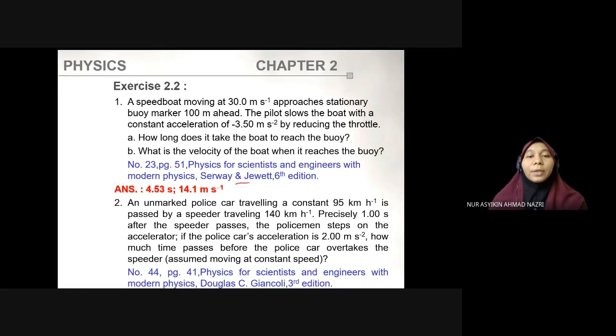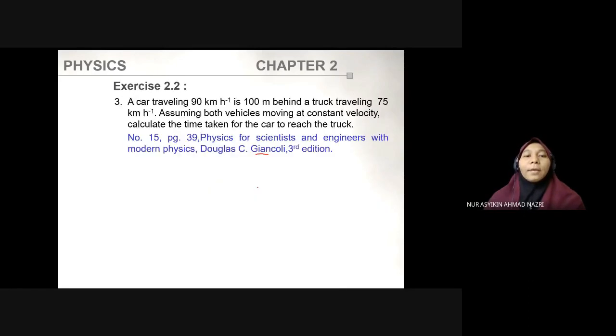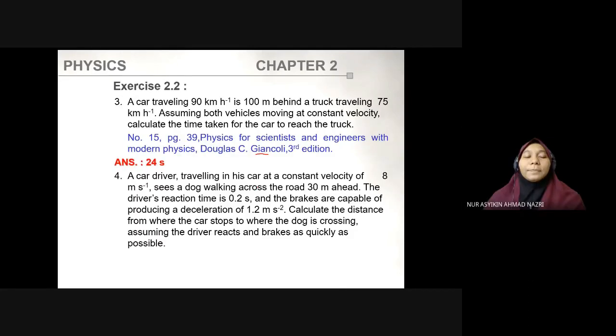Ada yang survey, ada dari buku lain. Tapi kalau awak nak fokus buku survey sebab awak dah ada, boleh je. Kalau ada apa-apa tak faham boleh tanya saya. Cuma tutorial kita memang dari survey, so that's why exercise ni saya ambil dari buku-buku lain, kalau nak tengok in different aspect. Kalau dah faham sangat, then okay lah.